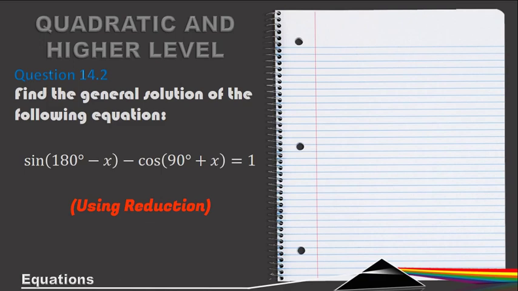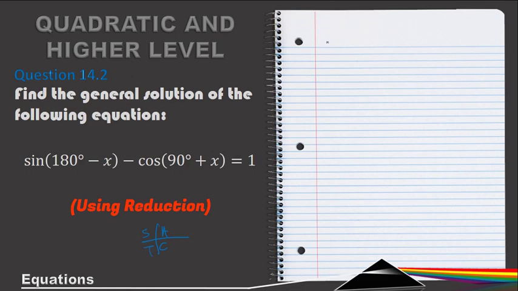Then question 14.2. In this question, we need to use reduction formula. So taking this, I'm just going to simplify it by using sine of 180 minus x. If I look at my CAST diagram, 180 minus is in sine's quadrant, so this is going to be positive.